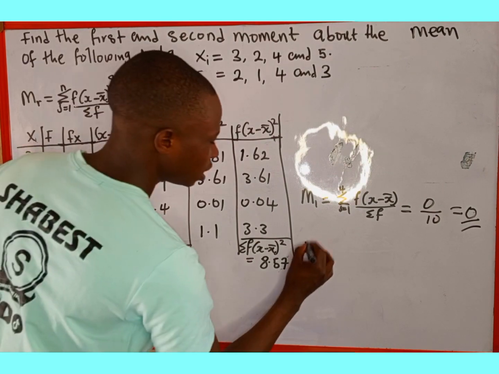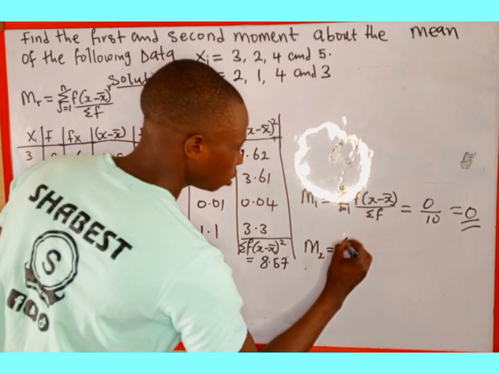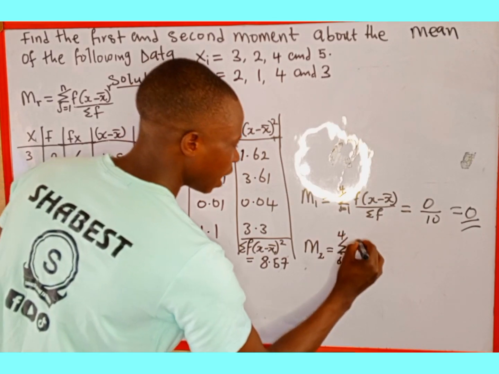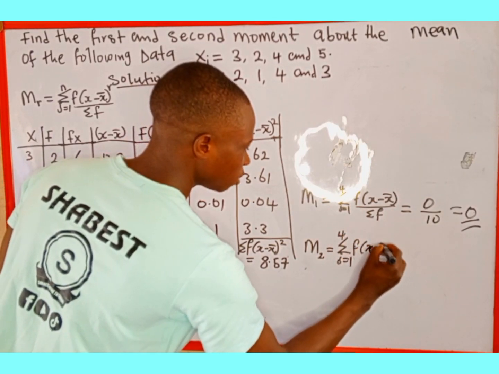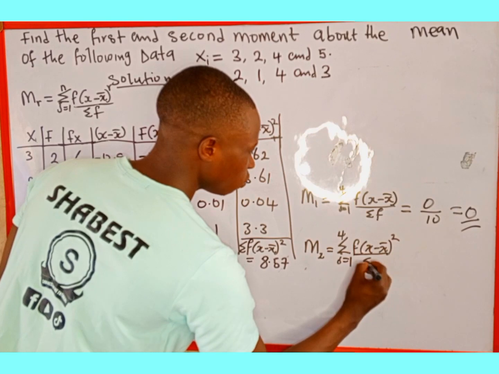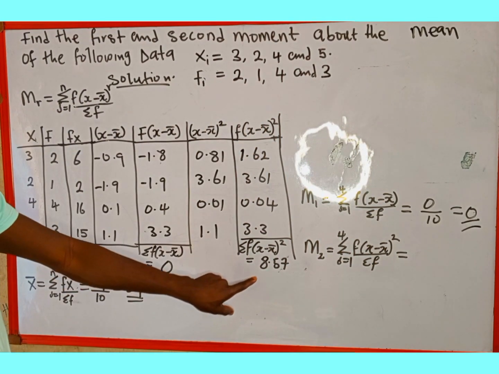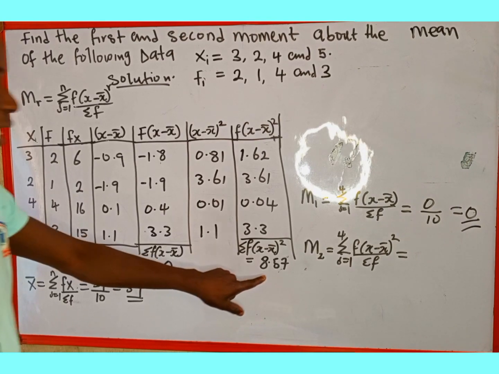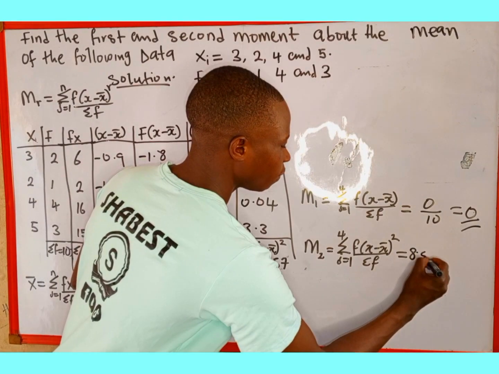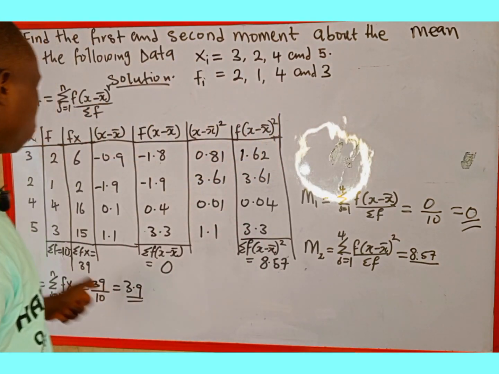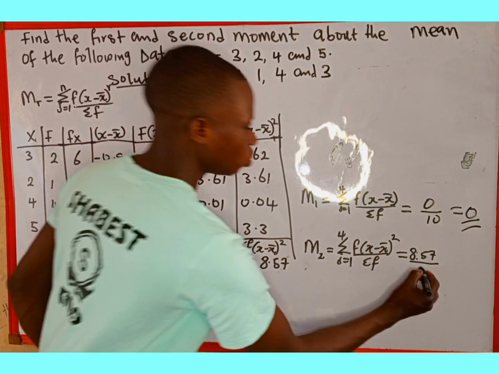Now, let us get the second moment, which is equal to summation of f of x minus x bar square, as i ranges from 1 to 4, then all over summation of frequency. From the table, summation of f of x minus x bar square is equal to 8.57, then divided by summation of frequency, which is equal to 10.